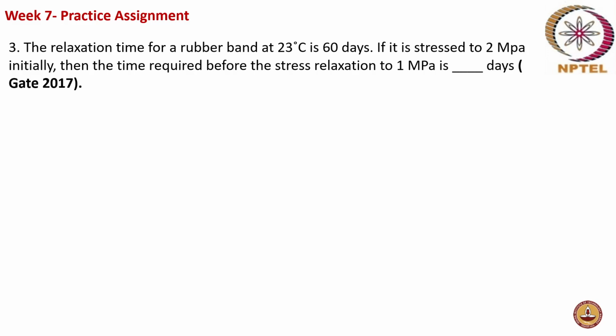So here you have a rubber band at 23 degrees, and the relaxation time is given as 60 days. They have also given that the initial stress is 2 megapascal and a stress relaxation process is happening.